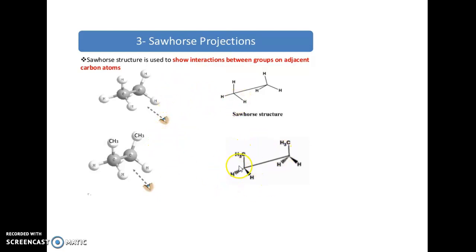Similarly for butane, wherein the two methyl groups lie adjacent to each other. So this is eclipsed butane and this is eclipsed ethane. This is how you can represent the Sawhorse structure.